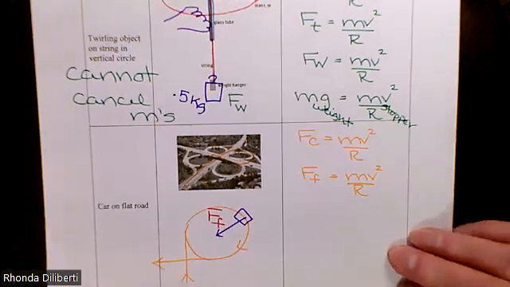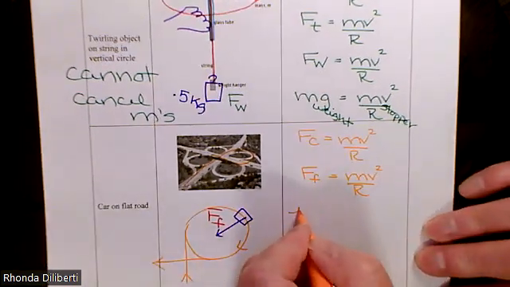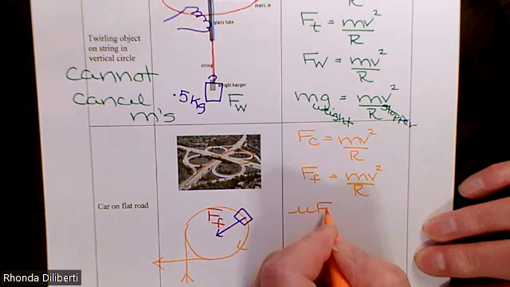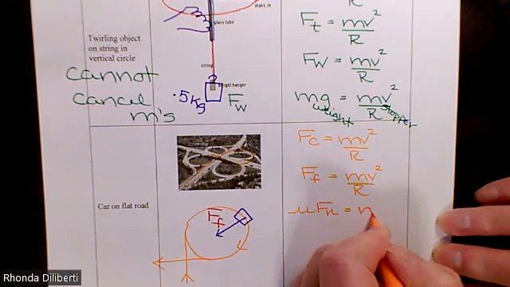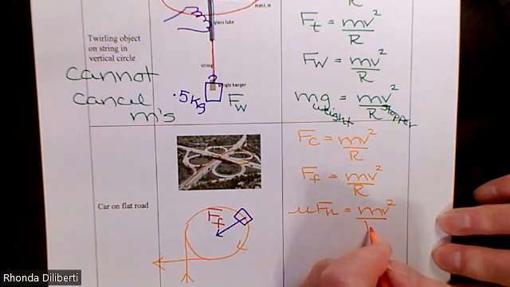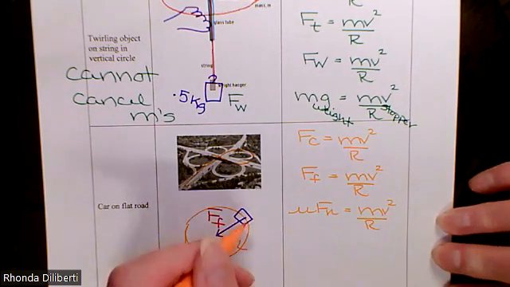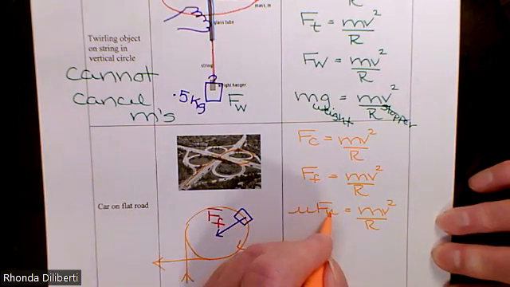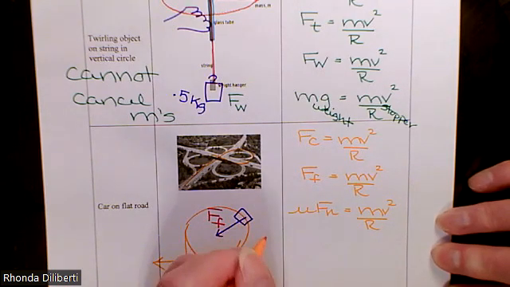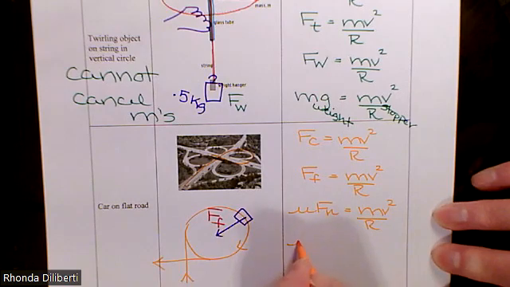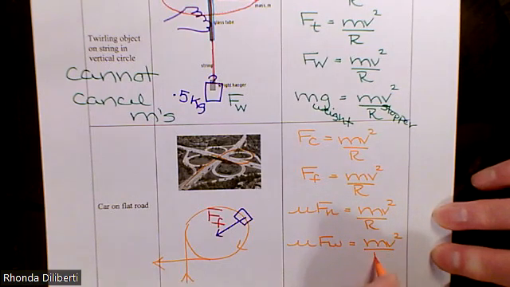And you might remember that friction is equal to mu times Fn. And you might remember that Fn is equal to Fw. Car pushes on road, road pushes back on car. So mu Fw equals mv squared over r.